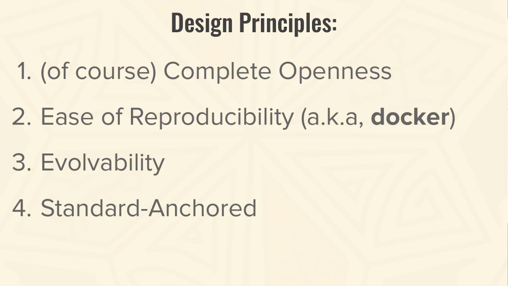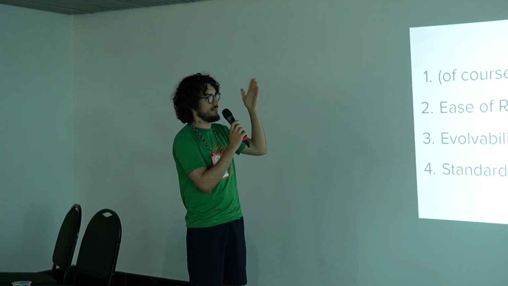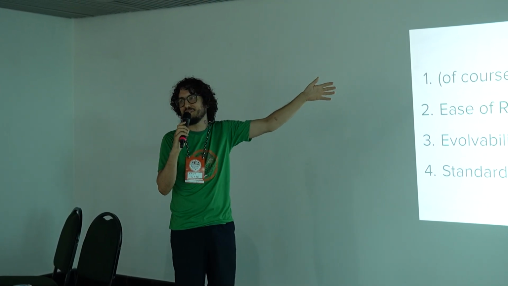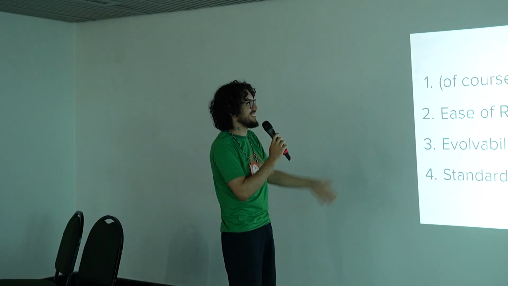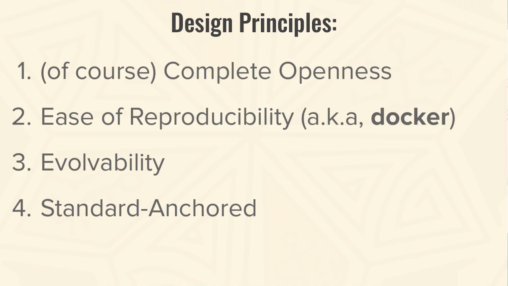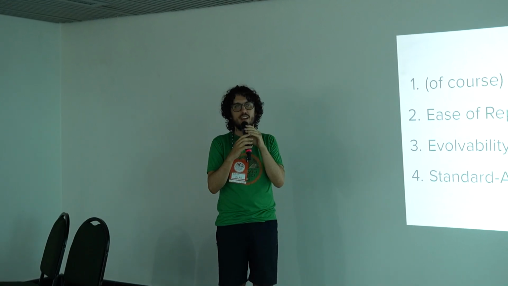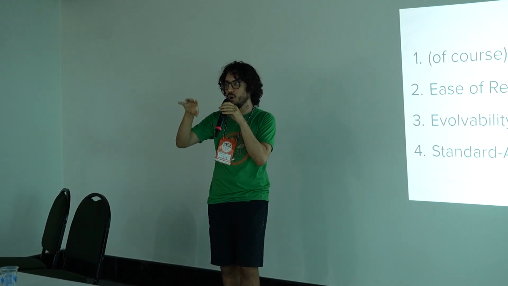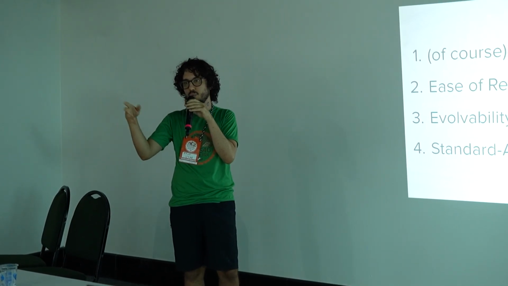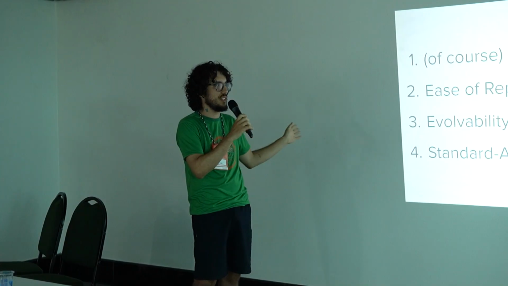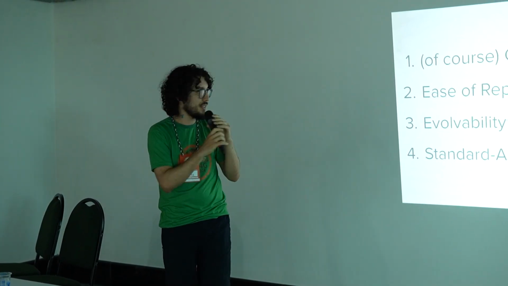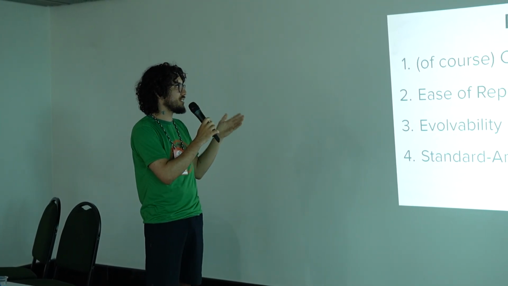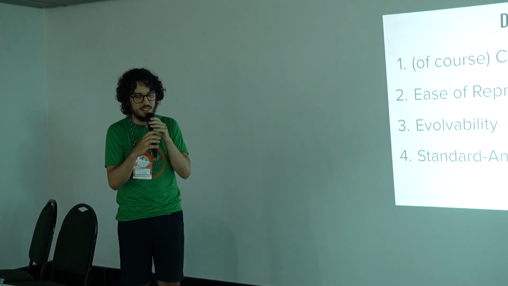For the development of the framework, the design principles are quite obvious. Of course, this is FOSS4G, it couldn't be any other way. Ease of reproducibility, aka we are using Docker. All the modules are basically Docker images, so with a few command lines you can run the whole thing. Then there is evolvability.